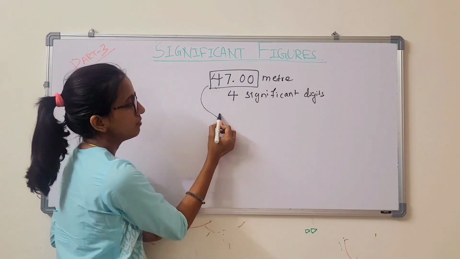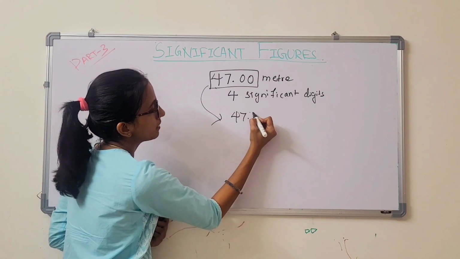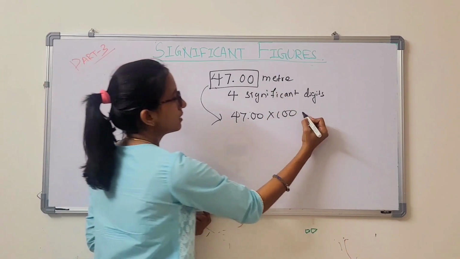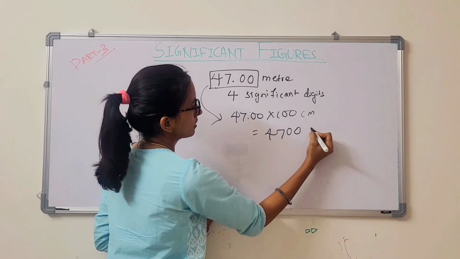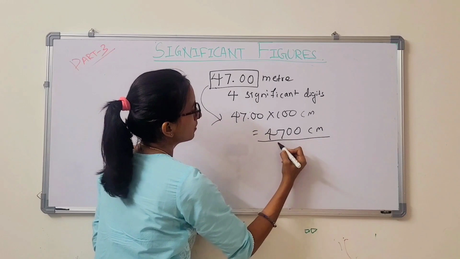And when you convert it into centimeter, you will multiply this with 100. 1 meter is 100 centimeter. That's why you will get 4700 centimeter.